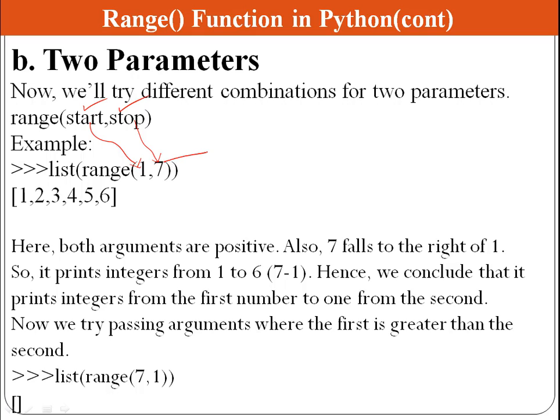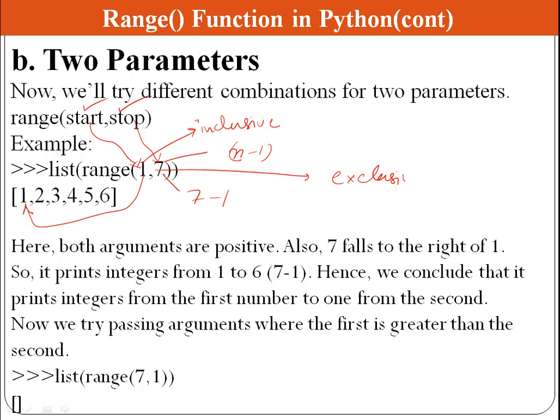So it is starting from 1, which is inclusive, and this is exclusive, right? So 1, 2, 3, 4, 5, 6, both arguments are positive.